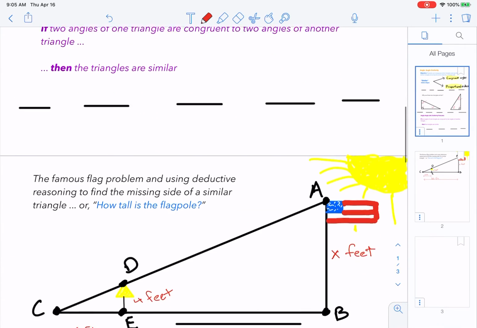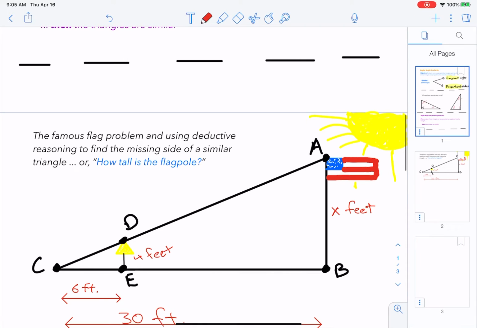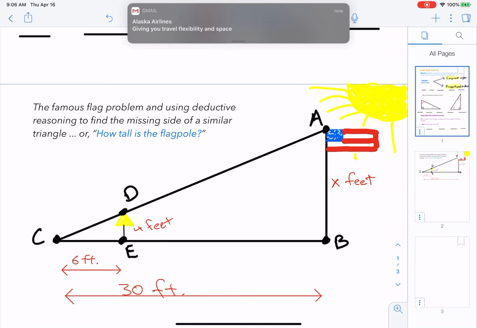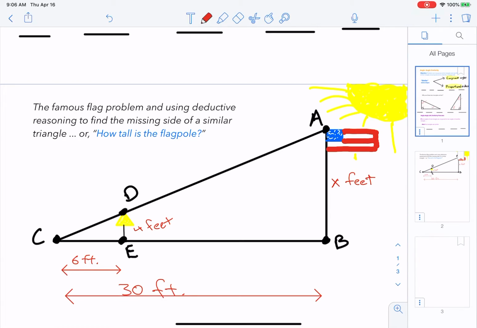Okay, which brings us to the famous flag problem, and I'm kind of happy with my art here on my Apple Pencil. I hope you're happy with it too. What we're going to do here is figure out how tall the flagpole is. We don't know, it says here that it's X feet tall. We should know already that we're going to be working with angle-angle similarity, because I just taught you that.